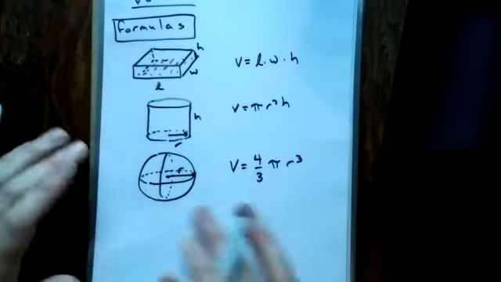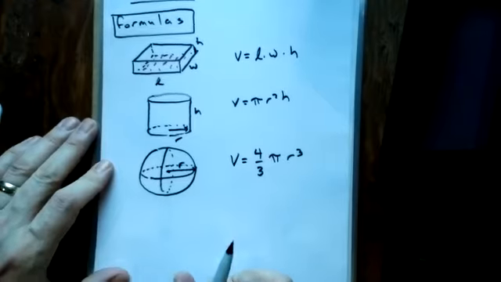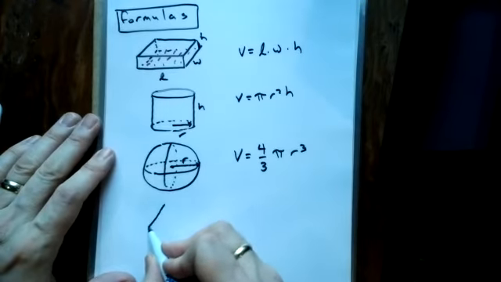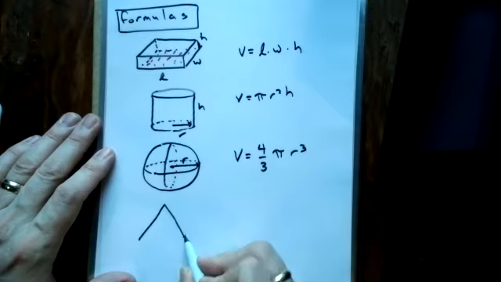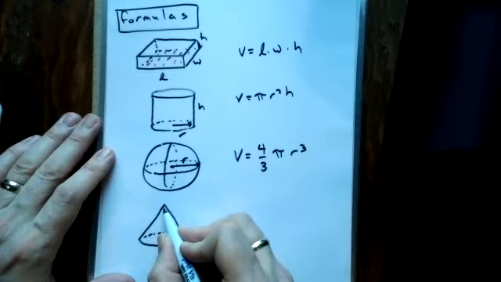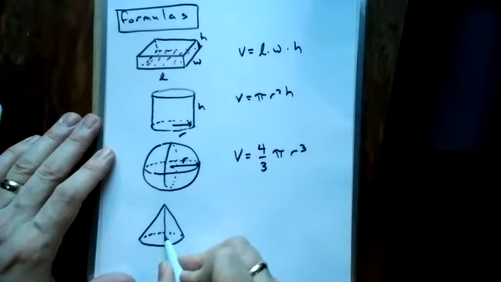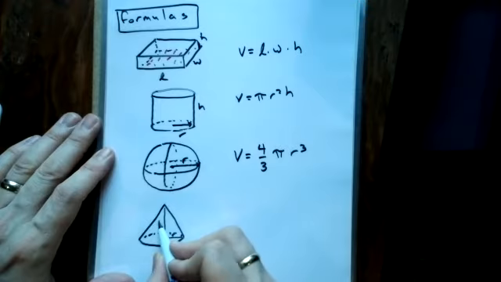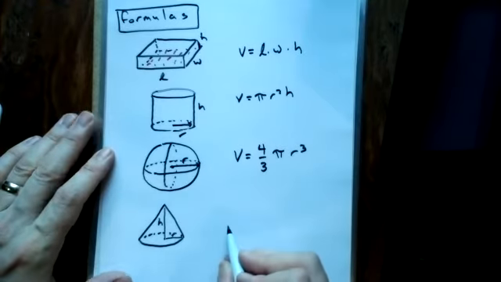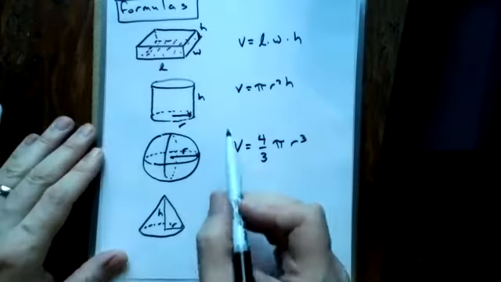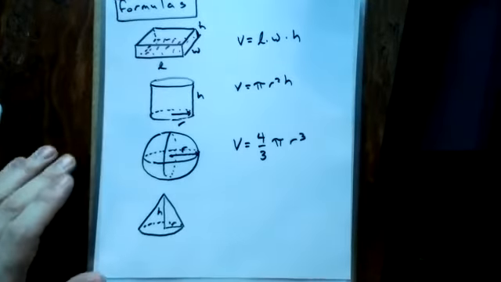Our last kind of standard shape that we'll go over here is an upright cone. So this is a lot like the shape of your ice cream cone if it happened to fall on the ground. Here I've got a height and a radius. And since it's not straight up, I can't use the height the same way.